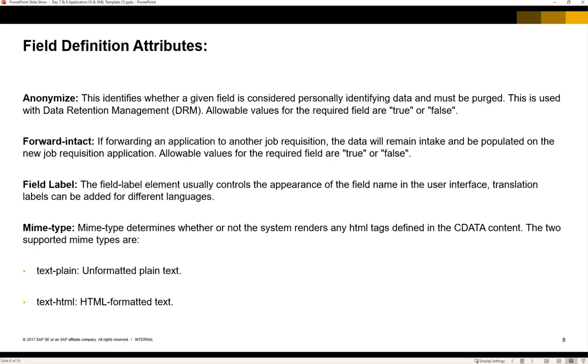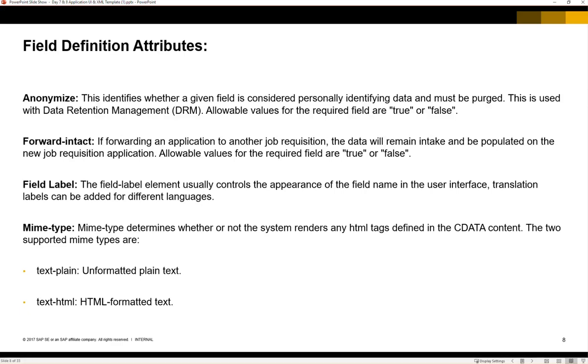Field label, so this controls the appearance of the field name. So in that same example, the field may be called driver's license, but the field label could be called please upload your driver's license. So this is how the field displays in the UI, and we can add different translation labels for different languages. MIME type. So this refers to the use of HTML.